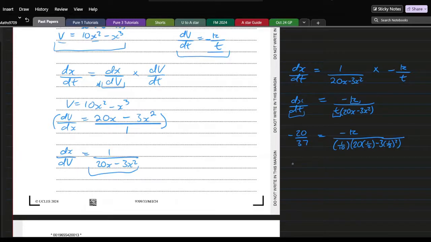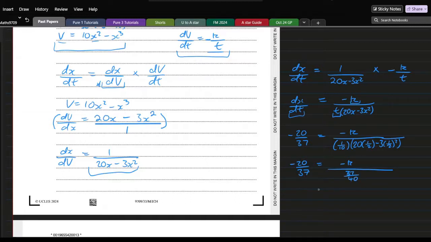Alright, so negative 20 over 37 is equal to negative k over. Let's punch what we have on the denominator into the calculator. That's 1 over 10 multiplied by 20 times 1 over 2 minus 3 times 1 over 2 squared, and this gives us 37 over 40. So that's 37 over 40.